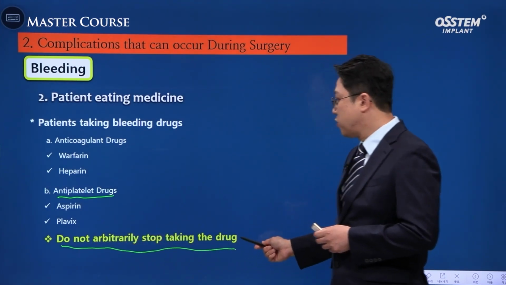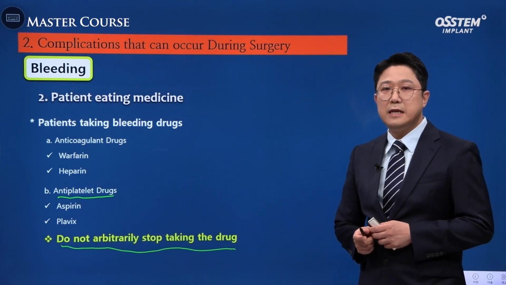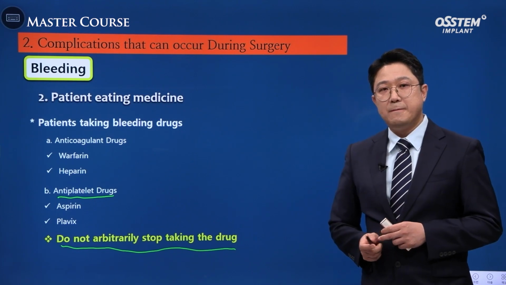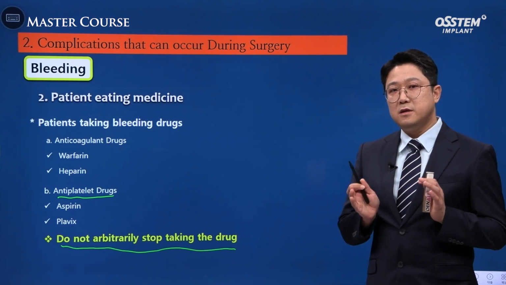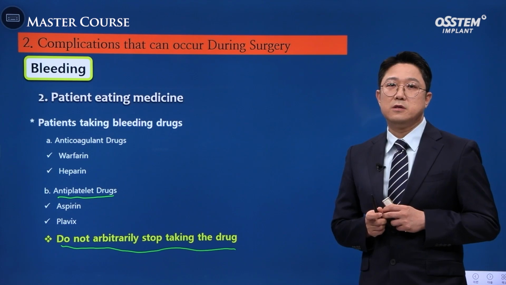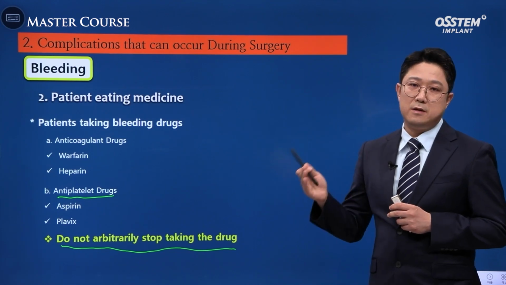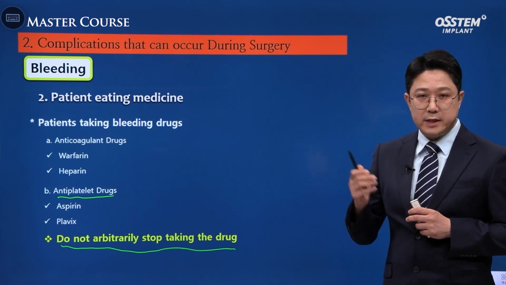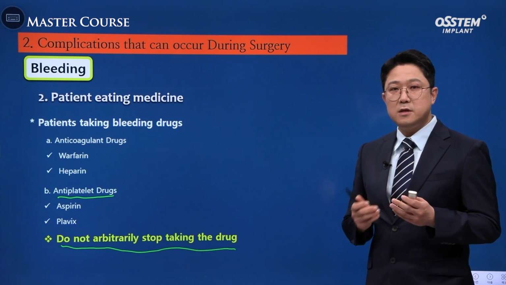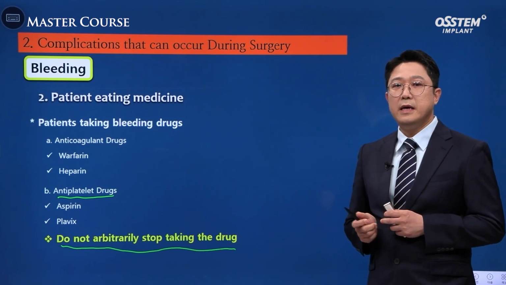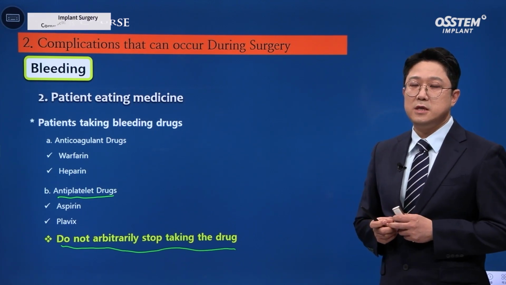This is a big no-no. In some cases, some patients cannot be off antiplatelet drugs. You need to consult with other doctors and then determine how you're going to adjust the medication taken by the patient.